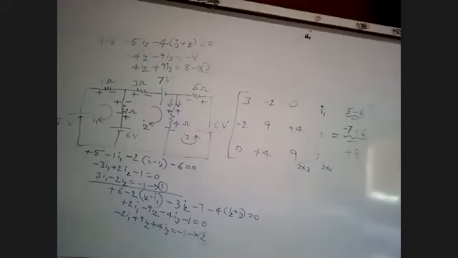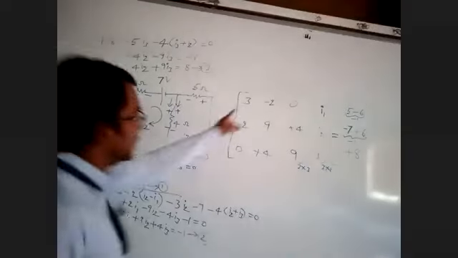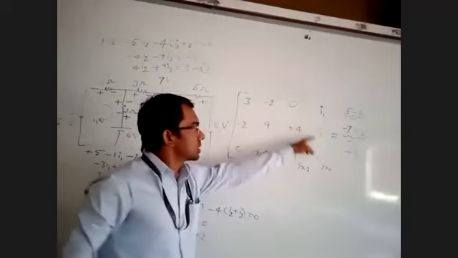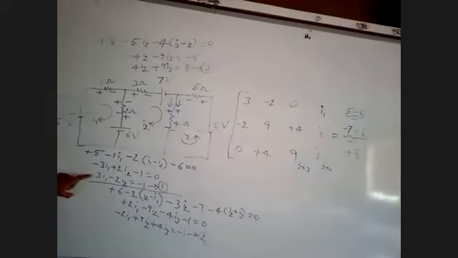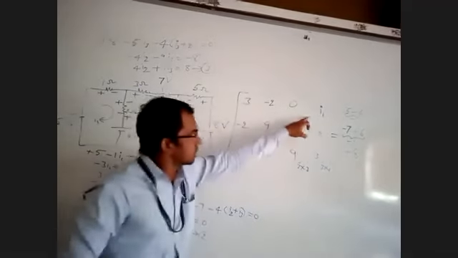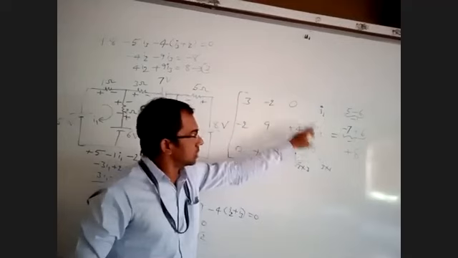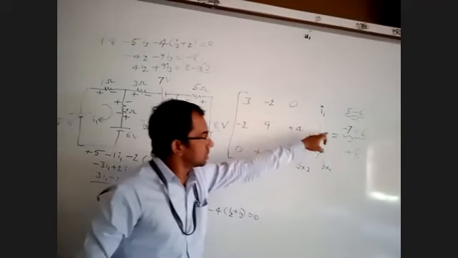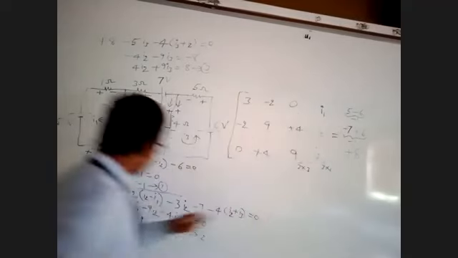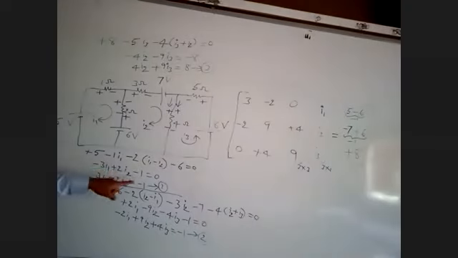Now compare the equations with the matrix. See here, the first equation: 3 into I1 minus 2 I2. I3 is not there. That is equal to minus 1. This is your first equation.